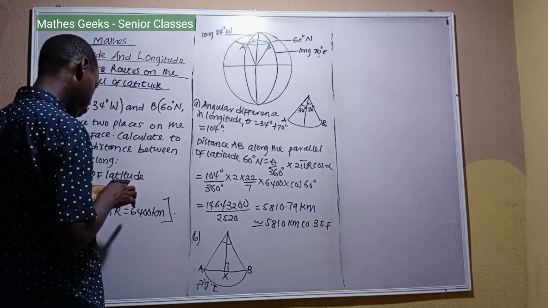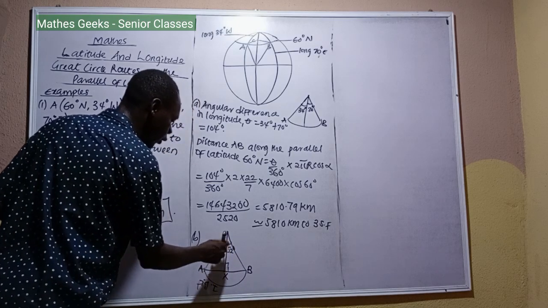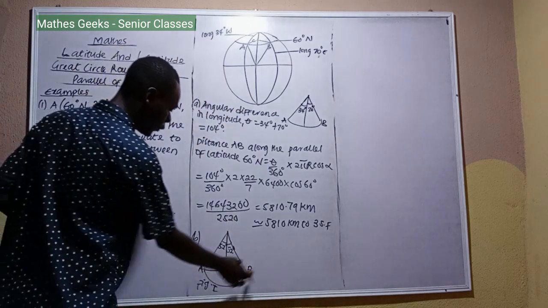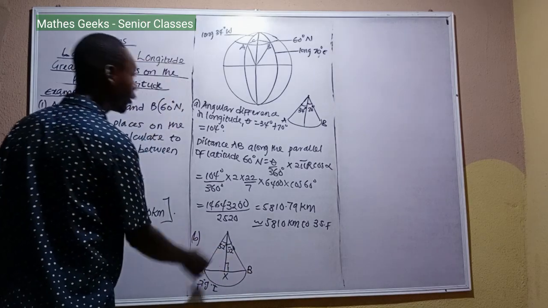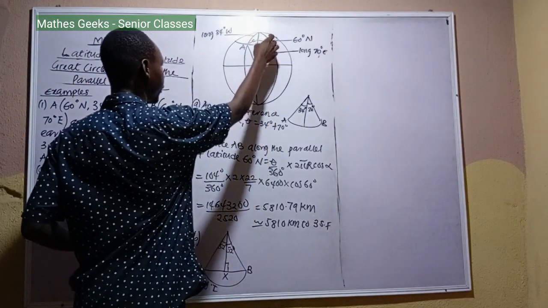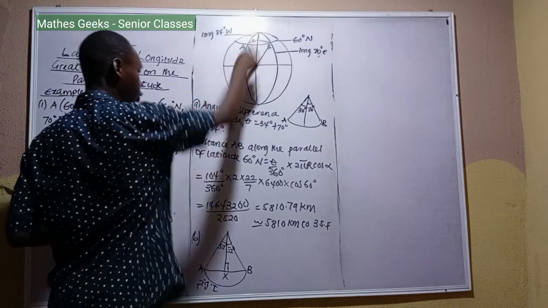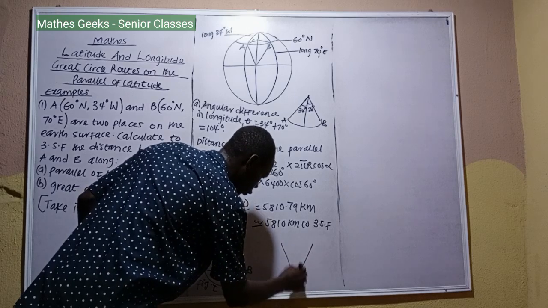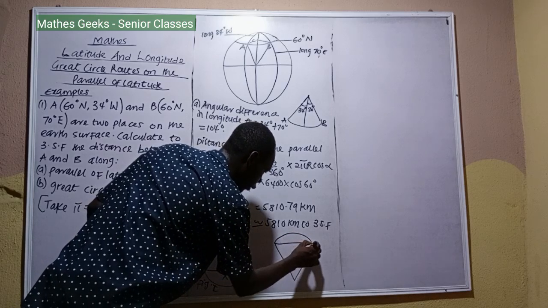So 104 degrees divided by 2 gives 52 degrees here and 52 degrees here. In figure 1, the arc AB is the distance between A and B along the parallel of latitude 60 degrees north. This same arc is also the distance between A and B from the equator, the great circle route on the parallel of latitude. So we're going to have another arc from the great circle, which we'll call figure 2, and this is our chord.